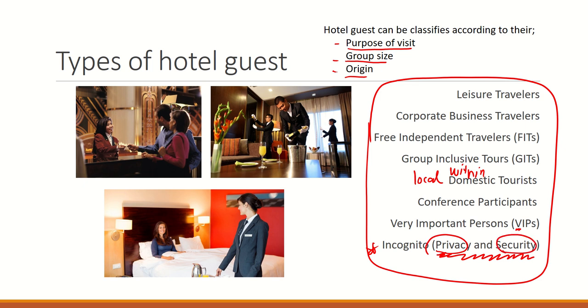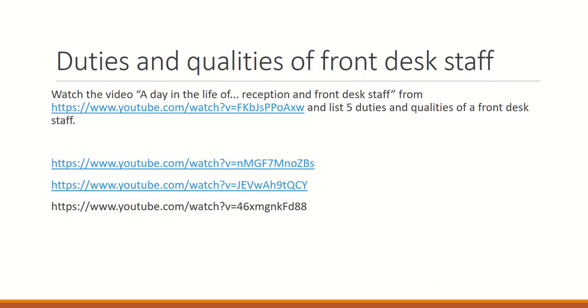For example, like the royal family, or like the US Army. They visit the hotel for business or for training, and they need a high quality of security and also privacy. Okay, just get to know.